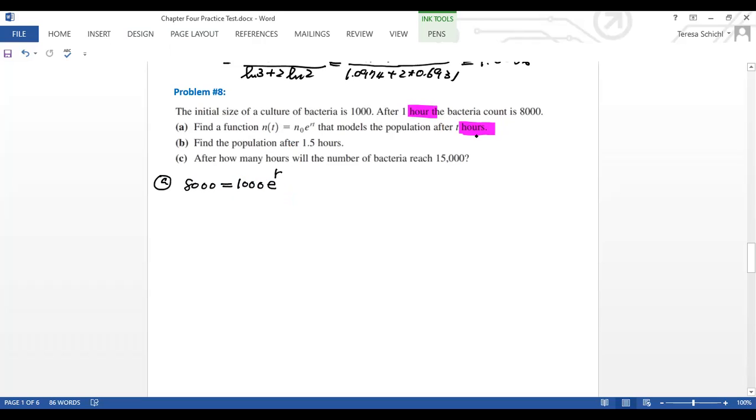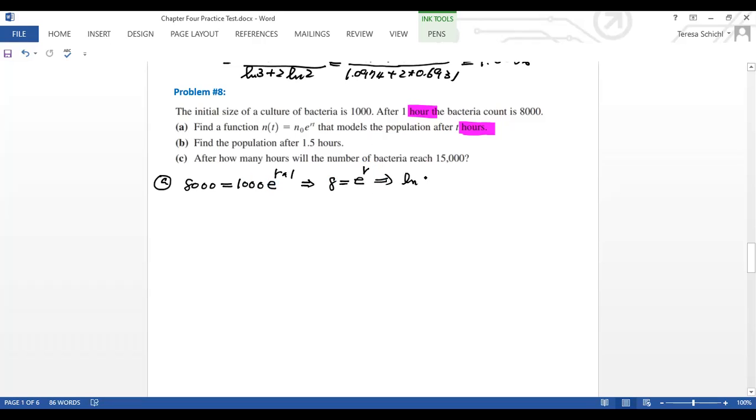T here is the time, in hours, and they're looking for hours, so that's fine. Initially I only have 1 hour, correct? Now you divide by 1,000, so I get 8 is equal to e to the r. And now I take the natural log of both sides.